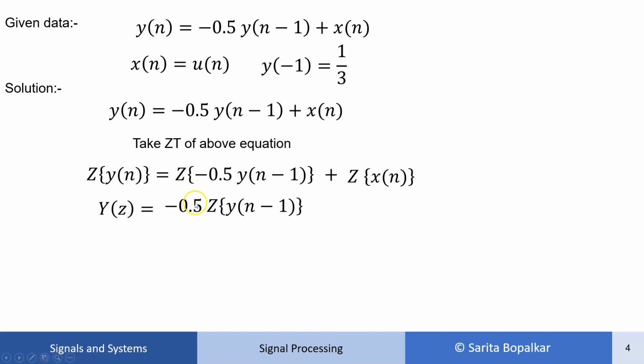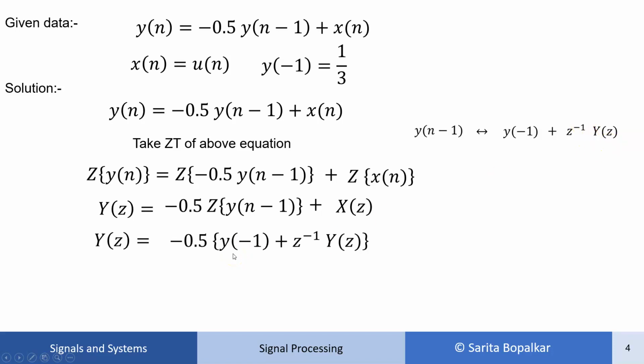Now this minus 0.5 we take outside, and the Z transform of y of n minus 1. The Z transform of x of n is x of z. Always, Z transforms we refer to by capital letters. Then the Z transform of y of n minus 1 is the initial condition y of minus 1 plus z raised to minus 1 y of z.